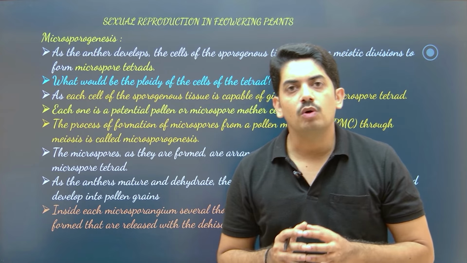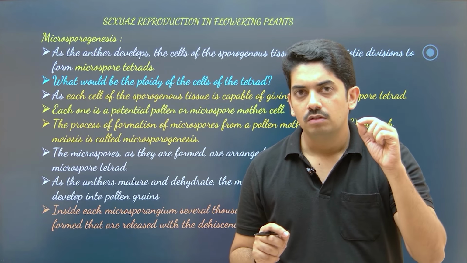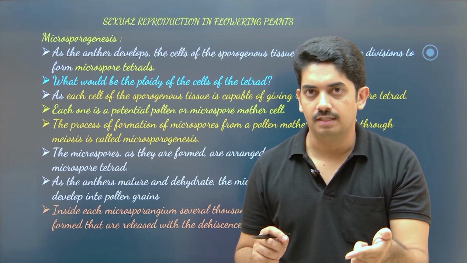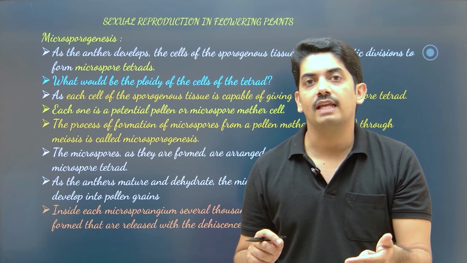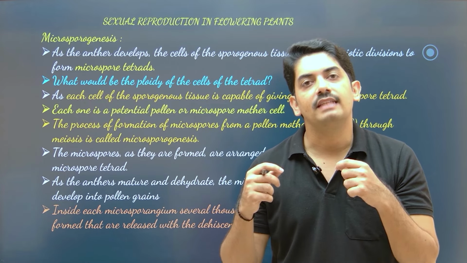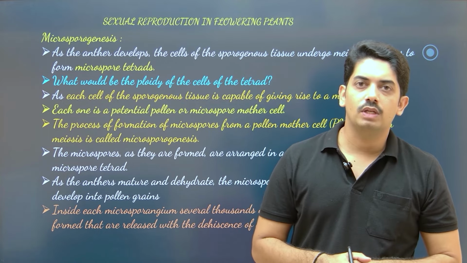What is the main role of this sporogenous tissue? They undergo mitosis and increase their number and become microspore mother cells, or in other words we can also say pollen mother cells, and they undergo meiosis and produce the pollen grains.